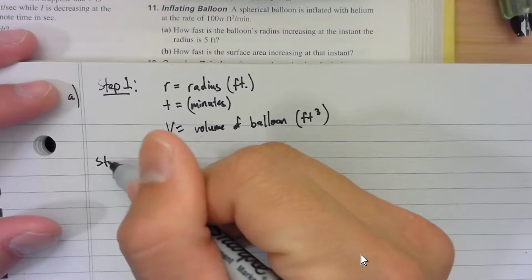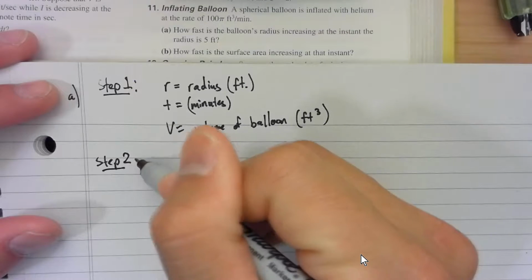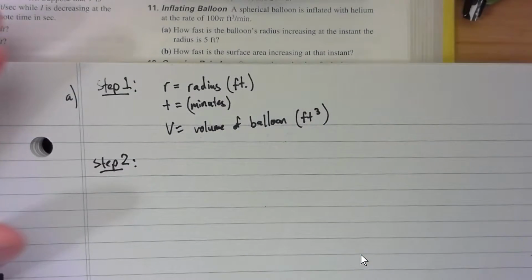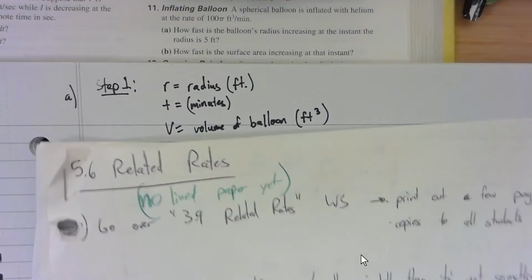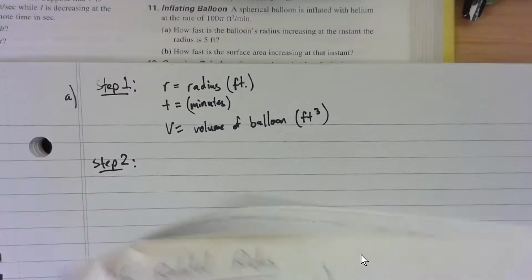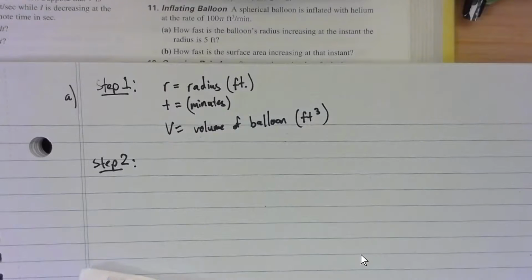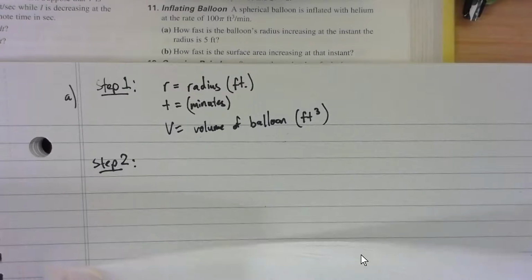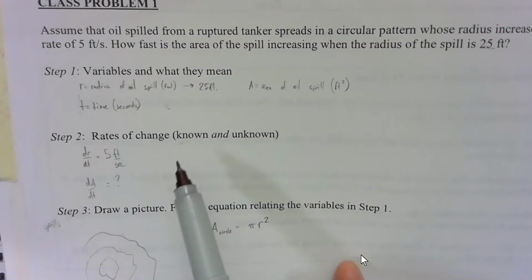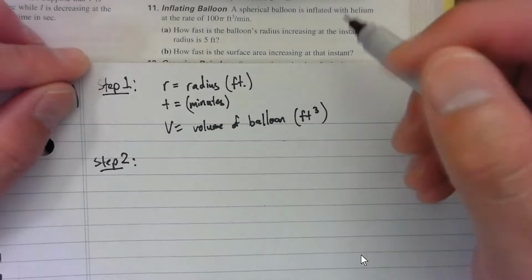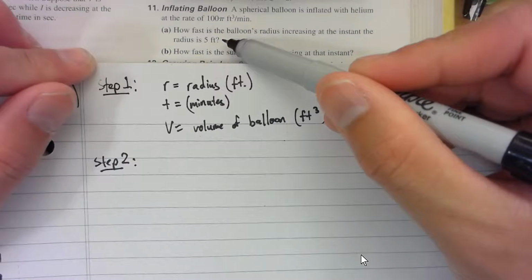Let's see, step 2, let's go back to the organization here. So let's go back to the worksheet. Variables and what they mean, we talked about that. Then there's rates of change, known and unknown. It does say that we are looking at the instant where the radius is 5 feet.